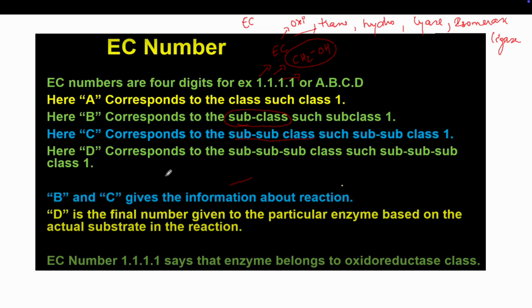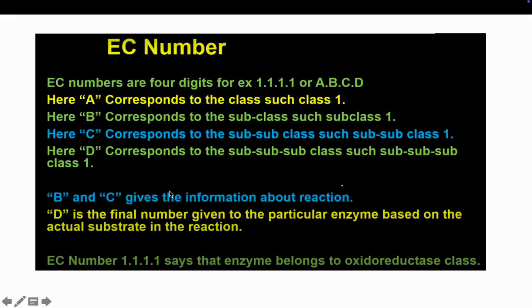And the fourth number refers to what type of reaction it is. It gives more information about the type of reaction. Let's take the oxidoreductase example, where the EC number is 1.1.1. The 1 refers to the oxidoreductase class.